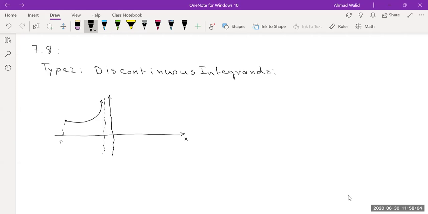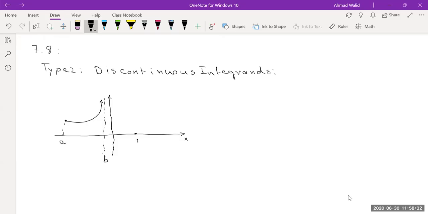This point is A. Now I want to find the area under this graph. You see my function has a vertical asymptote and the graph is going to infinity here. I cannot touch the asymptote, and there is another point here, B. Let's name this one B.